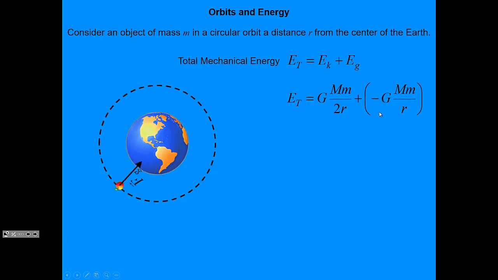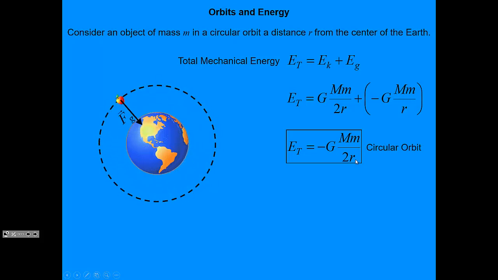So it's always negative. Put those two together, and we get negative big G M m over 2r for a circular orbit. This is the total amount of energy. So you need to know the mass of the planet, the mass of the object, and the radius of the circular orbit, which is the distance from the center of the planet to the center of the object.